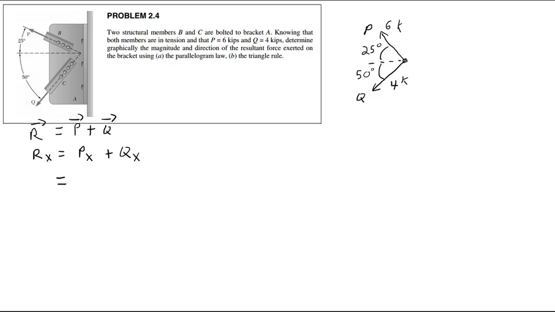When we set problems up, we can define our x and y axis however we wish, as long as we're internally consistent. If I really wanted to, I could define this direction from here to here as positive y, couldn't I? I could define this as the positive x-axis. It's totally arbitrary. But standard notation is we just put positive x-axis this way, positive y-axis this way, and call it a day.